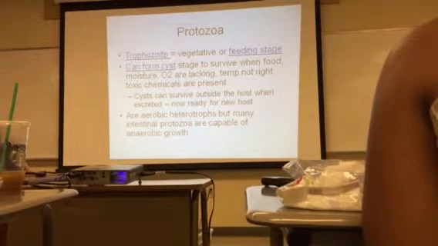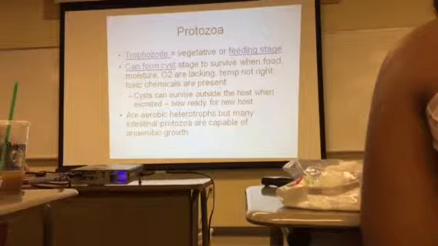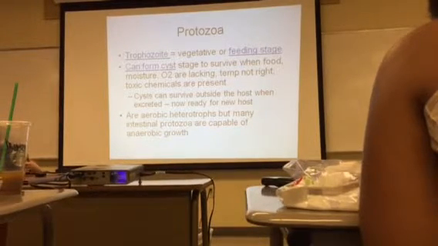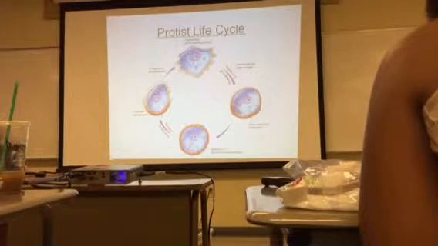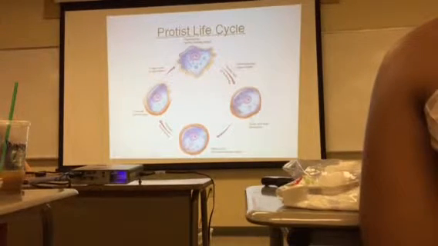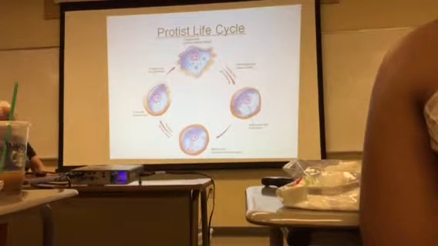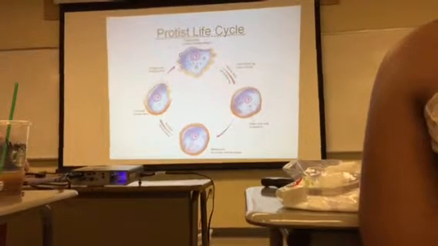Protozoa are aerobic heterotrophs, but many of the intestinal protozoa can also do anaerobic growth. Your intestine has anaerobic conditions. So here's a diagram of the life cycle of a protozoan. Up at the top is the trophozoite.